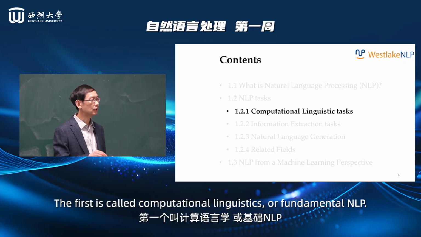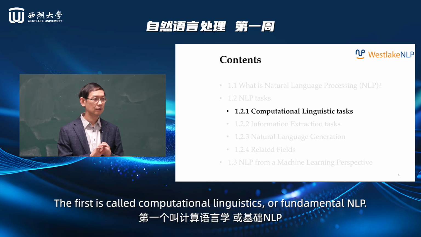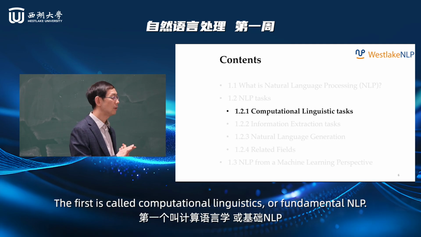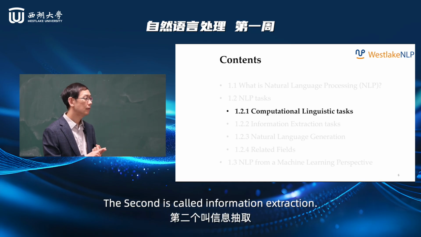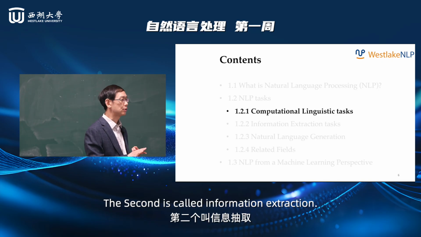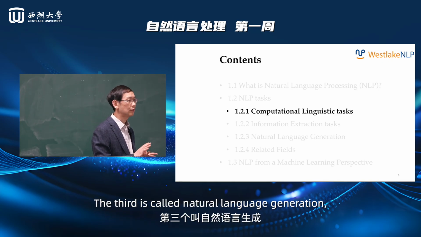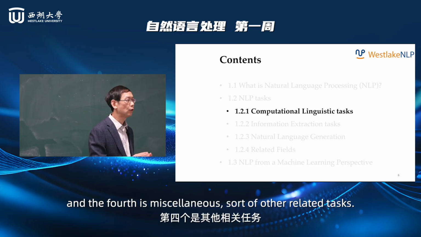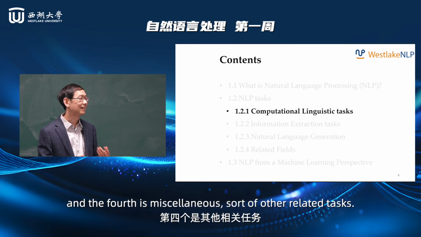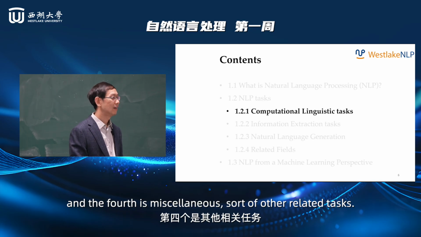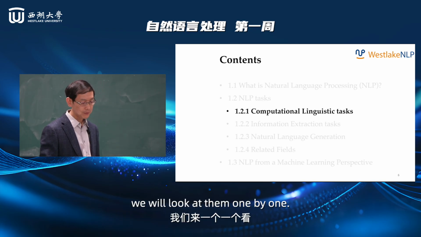The first is called computational linguistics, okay, or fundamental NLP. The second is called information extraction. The third is called natural language generation. And the fourth is miscellaneous, sort of other related tasks. So we will look at them one by one.